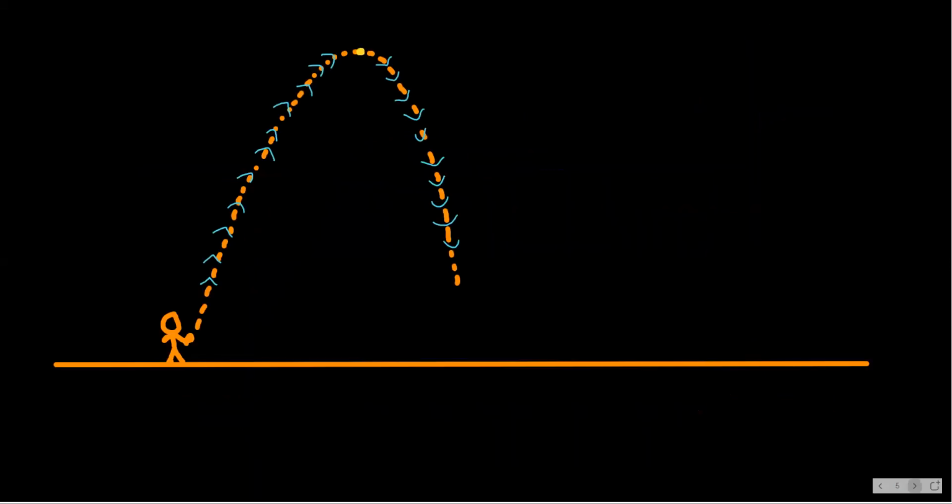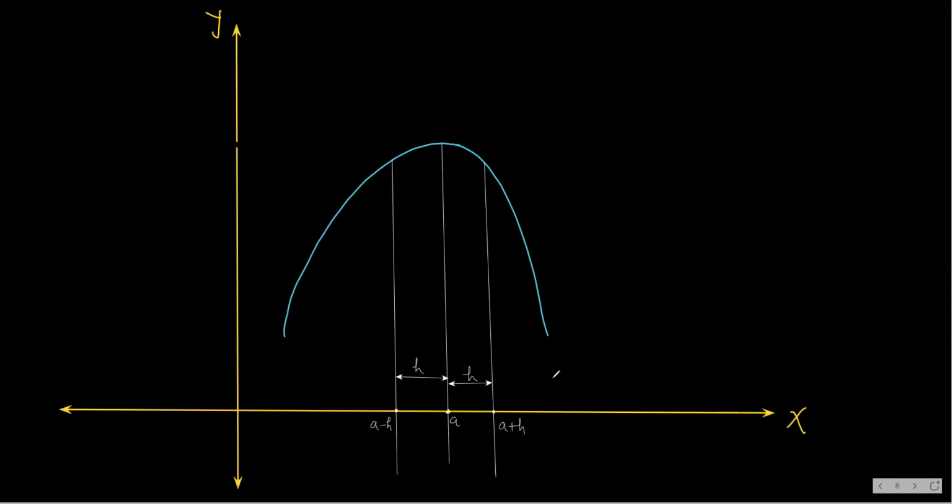Now here, I have drawn a function y equals f of x, and the curve which I have drawn deliberately has only the shape where the function has a local maximum.